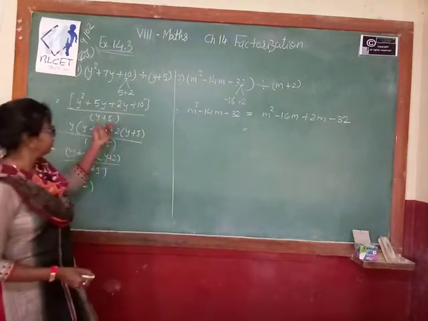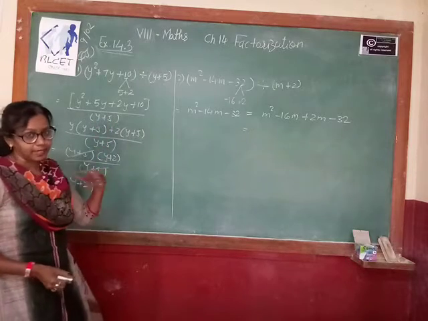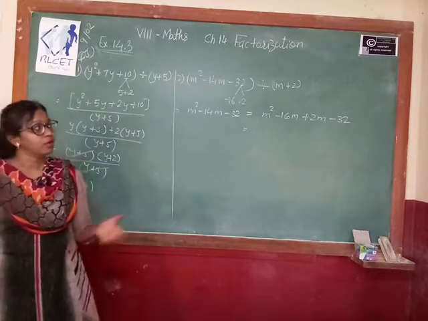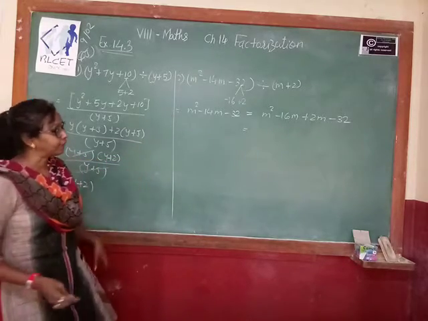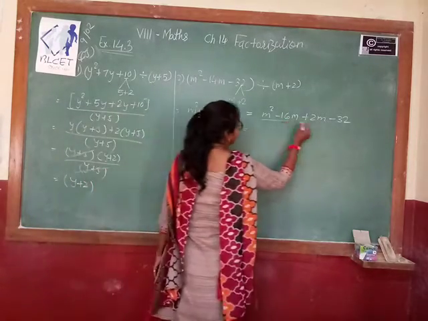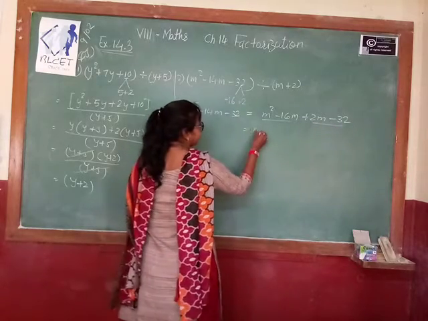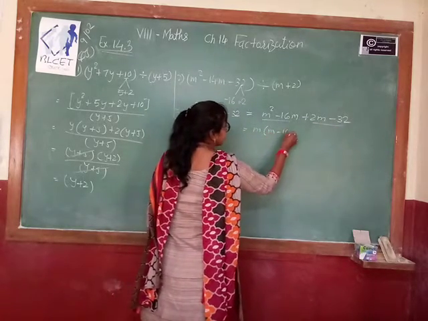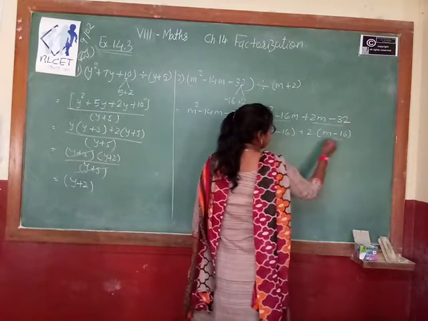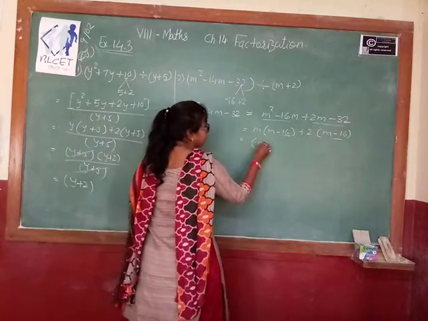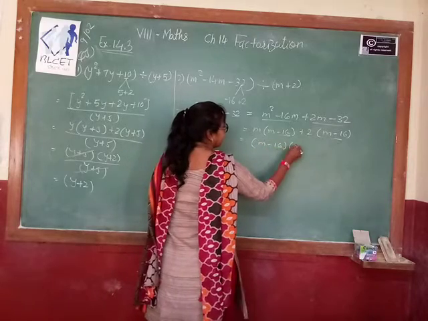Here we did both together, so it may be a little bit confusing for you. So first we find the factors of the algebraic expression and then we do the division. From this we take the common: m(m - 16) + 2(m - 16), this bracket is common now, so (m - 16)(m + 2).